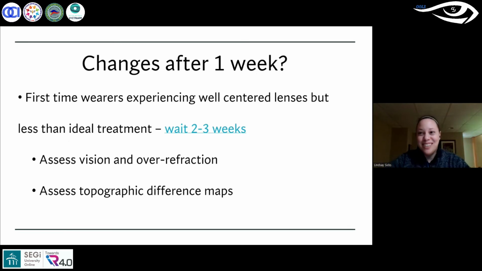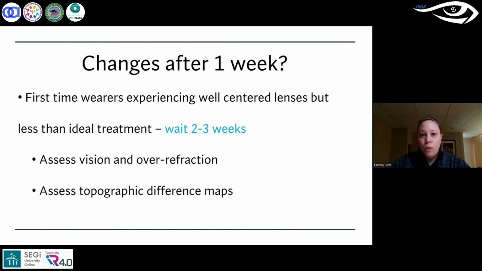I've chatted with some lens consultants about this, and they really say, wait 2 weeks. If everything's going well, you can certainly see them at a week, but you may not even want to make a change until 2 or 3 weeks. And you can gather data along the way to help ensure that their vision is progressing appropriately, their over-refraction remains correct. And then we can always look at the difference map.